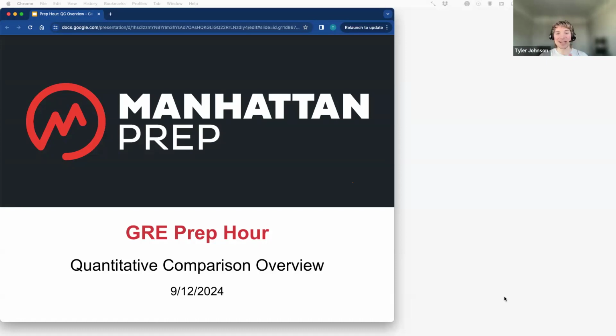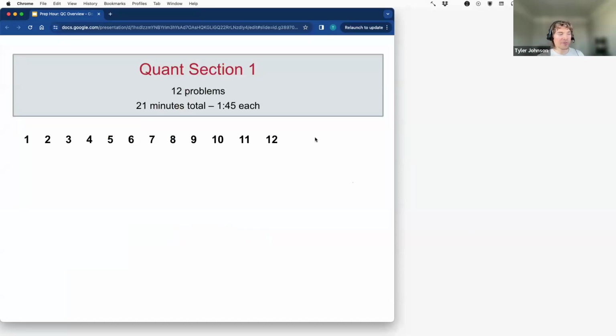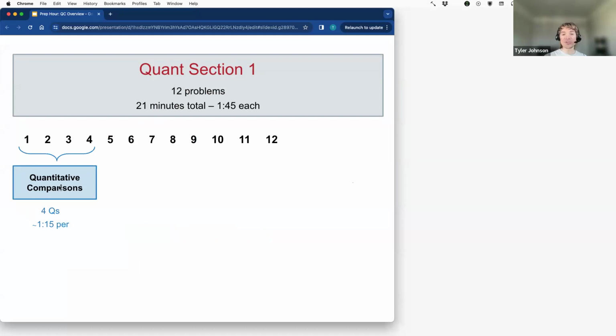As mentioned, we're talking about quantitative comparisons. So let me talk a little bit more about the quant section generally. So your first of 12 questions, you'll have 21 minutes to complete it. And the first four that you see on that section are going to be this type that we're talking about today, called quantitative comparisons. After those four questions, you get something that we call discrete quant, or DQ for short.